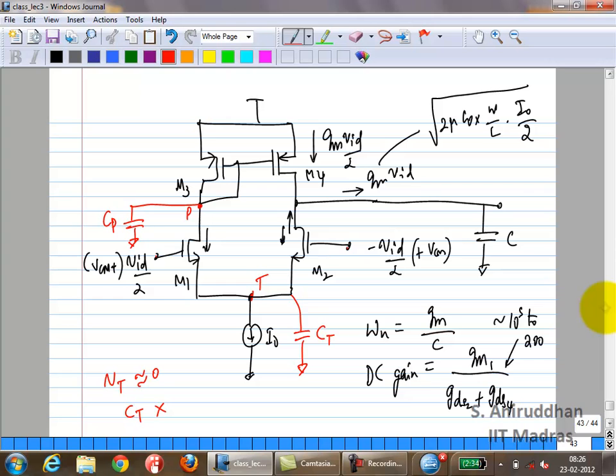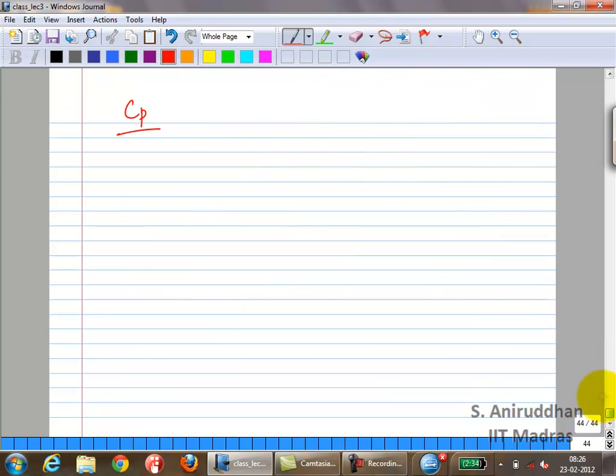The output pole is going to be at G out by C, so you are definitely going to have something like this. What is the second one?